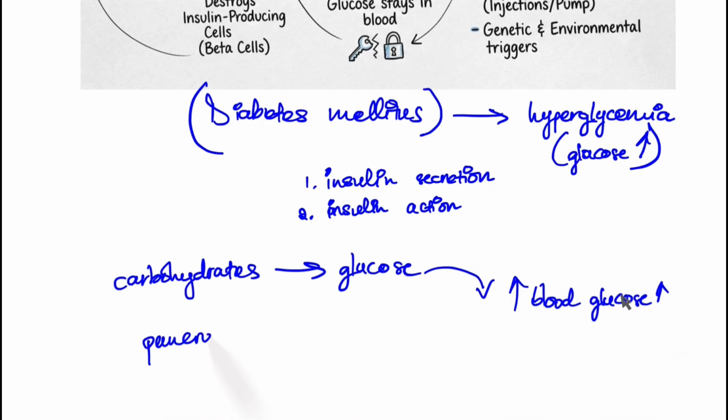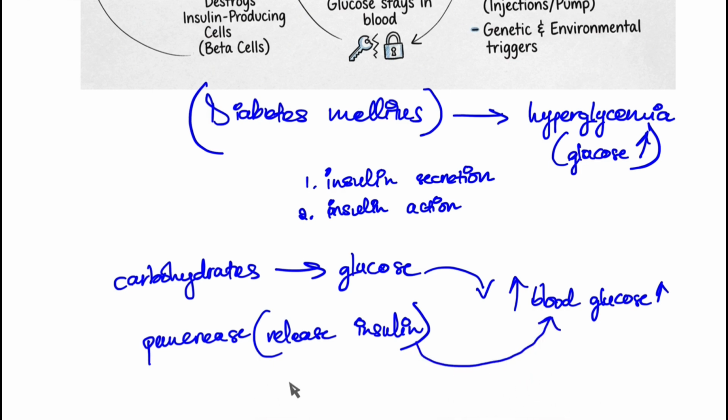In response to the significantly heightened blood glucose levels, the beta cells of the pancreas, especially those located within the islets of Langerhans, are going to release a hormone called insulin. Insulin facilitates the uptake of glucose. Remember, the end goal is to reduce the level of blood glucose.